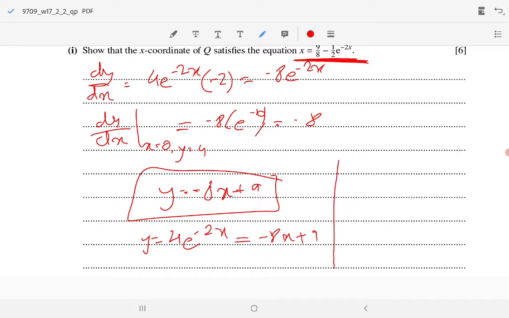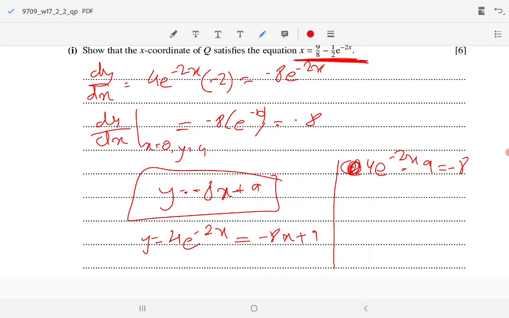All you can do is just, no, wait. 4e raised to minus 2x minus 9 equals minus 8x.